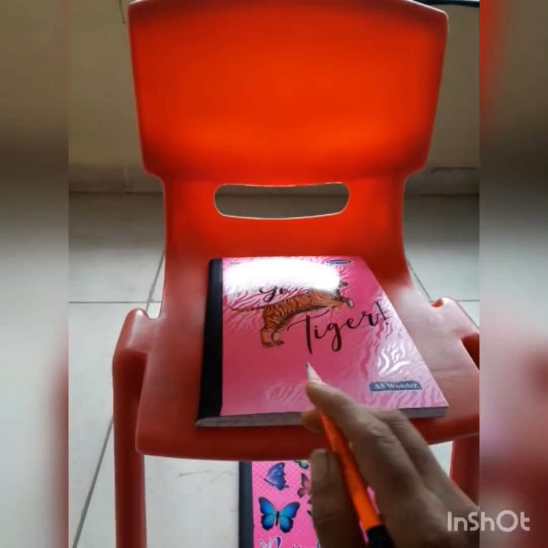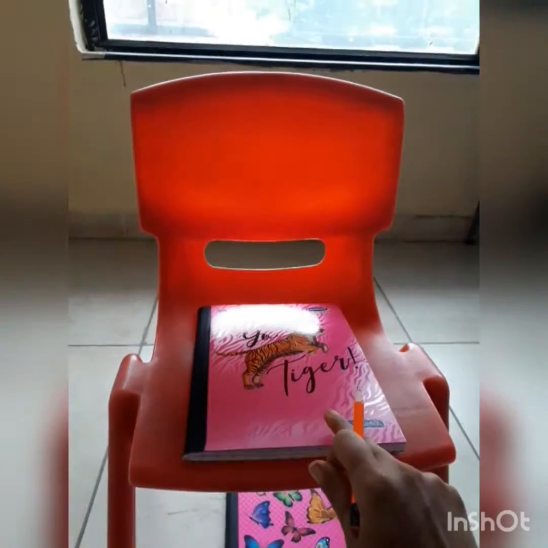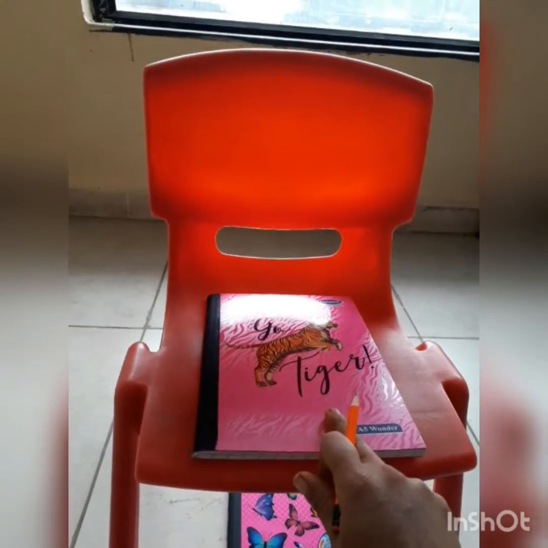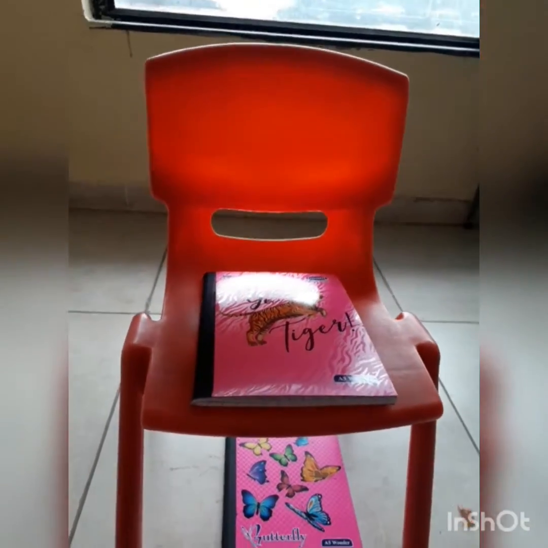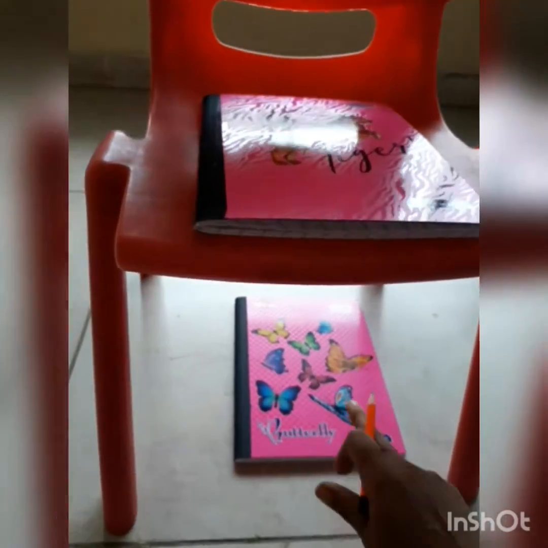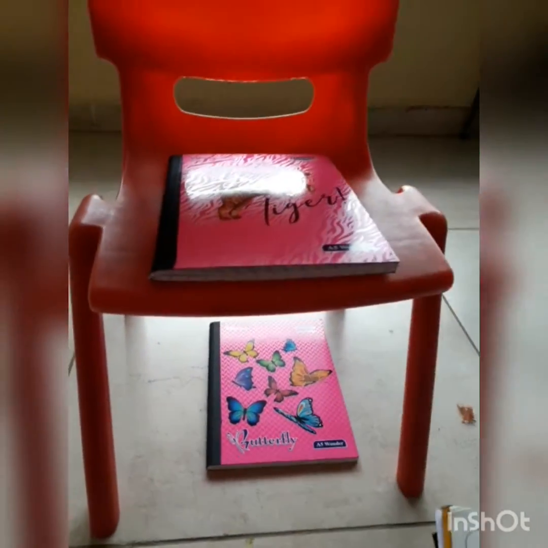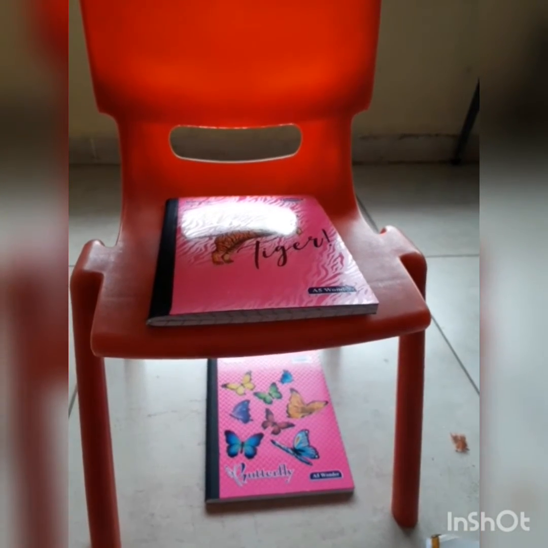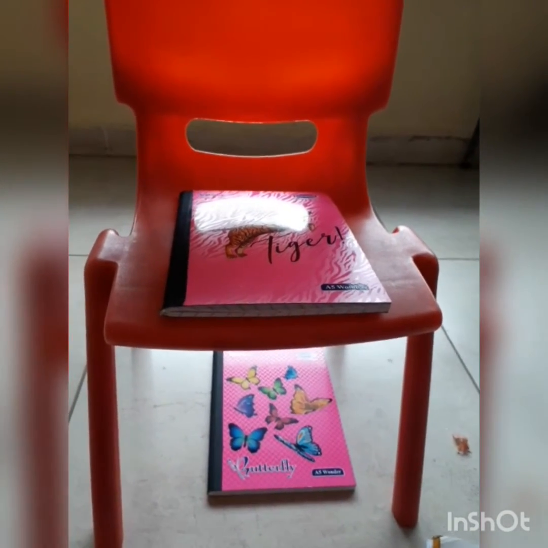See here. The book is on the chair. The book is under the chair. Students, did you understand? Okay.